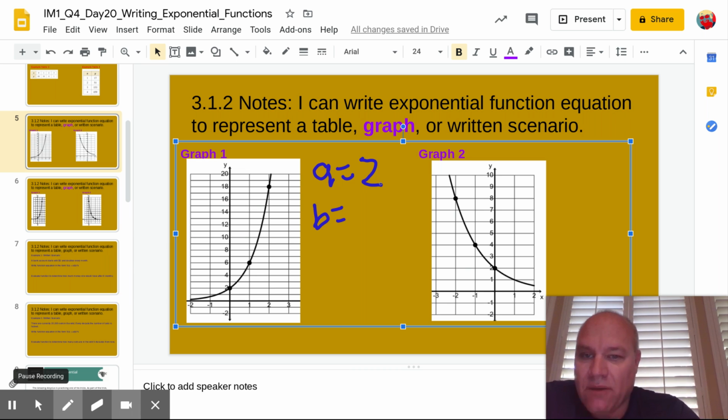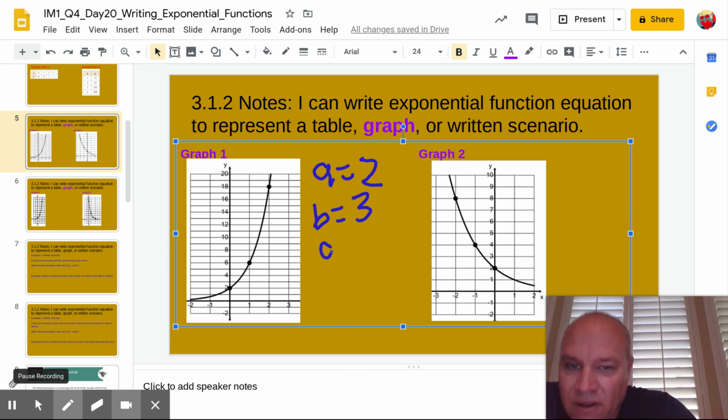So think about it. When you go from 2 to 6, what did you multiply by? 2 times what is 6? That's right, 3. And you went from 6 to 18. What did you multiply by? 3. So our b value is 3. If you like the table better, you can rewrite this as a table: 0, 2, 1, 6, and then 2, 18.